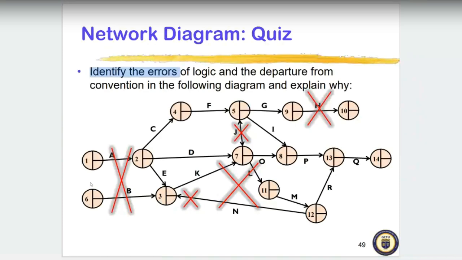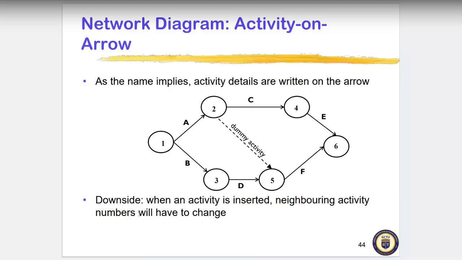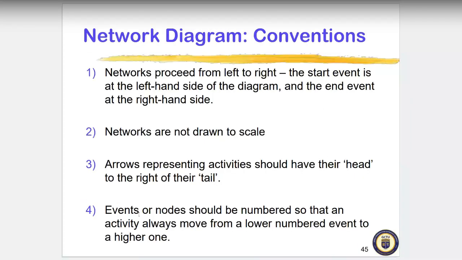It says that we should have only one starting point, if I remember right, yes. If you read, you'll remember that it says that it should have. Let me see whether I can find it for you.